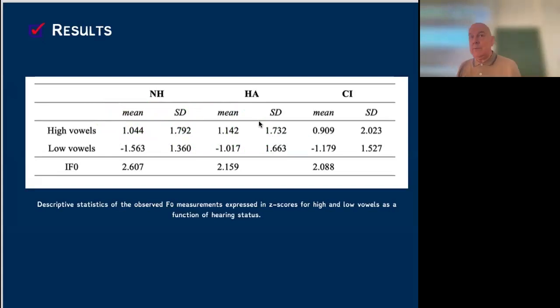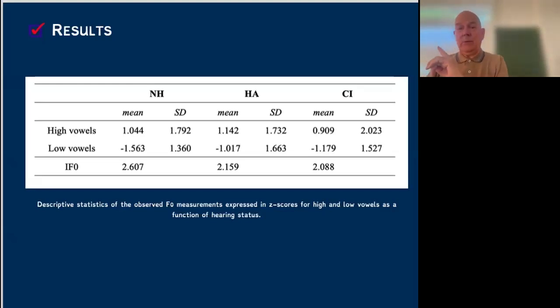So in fact, what seems to happen is that the smaller IF0 is accounted for by the higher fundamental frequency in the low vowels specifically. So those are the results. So we do find a difference in IF0 between children with normal hearing, typical hearing, and children with hearing impairment, with no difference between the two hearing groups.